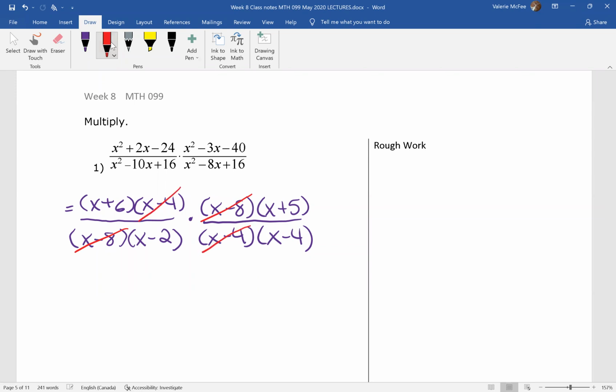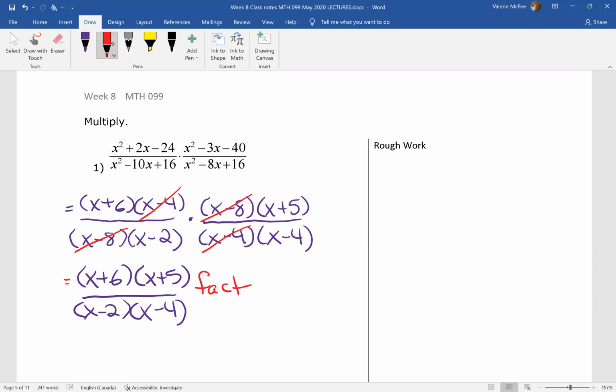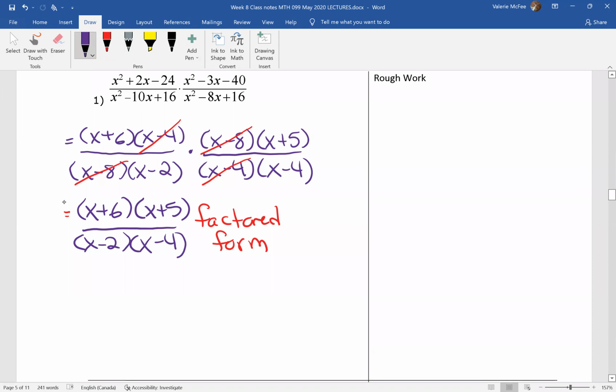X minus 4 can be divided out. If you're asked to leave your answer in factored form, do not open the brackets. So read carefully. Is it factored form? This is where you stop. If it's not factored form, open the brackets.